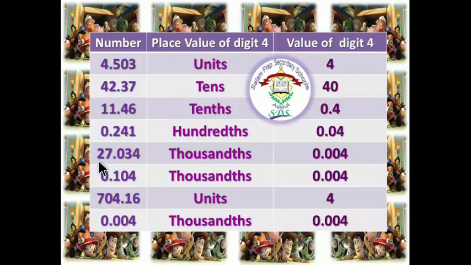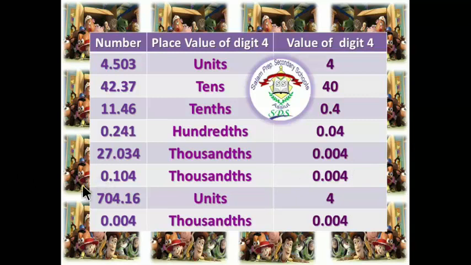The next number, 27.034. Digit 4 in decimal part. In the third place is thousandths, and its value is 4 thousandths, 0.004.